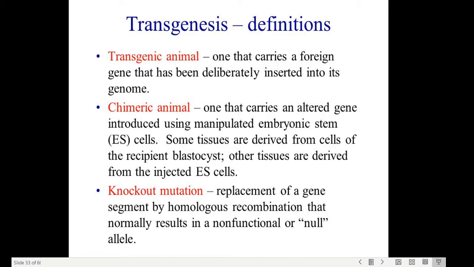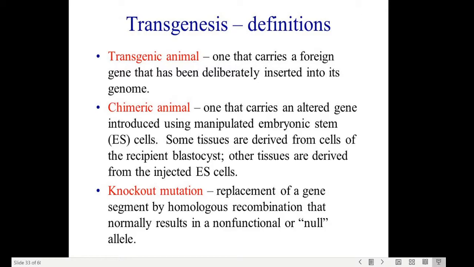zygote, engineering the gene. They are modifying it at an earlier stage, so that is called transgenesis. In this transgenesis process, we have different terms: chimeric animal, knockout, mutation. What is a chimeric animal?